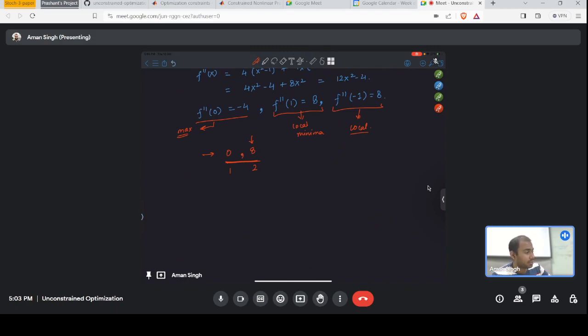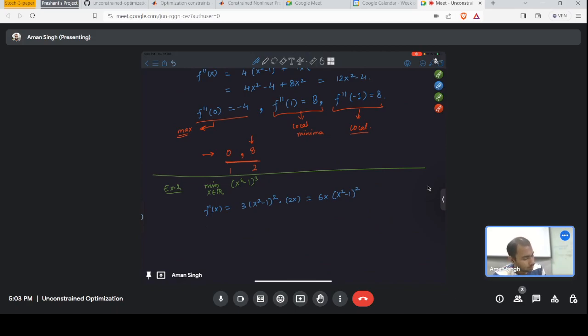Let's see a second question, which is a little bit interesting. Second example: minimization, unconstrained, of (x square minus 1) cube. Now what is f dash x? It is 3(x square minus 1) square times 2x, equal to 6x(x square minus 1) whole square.